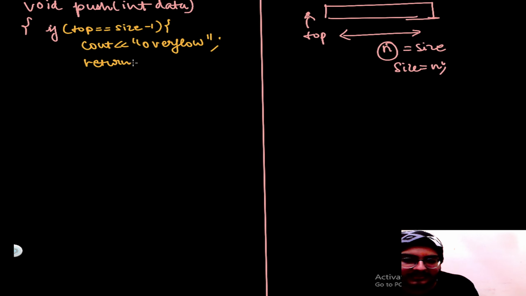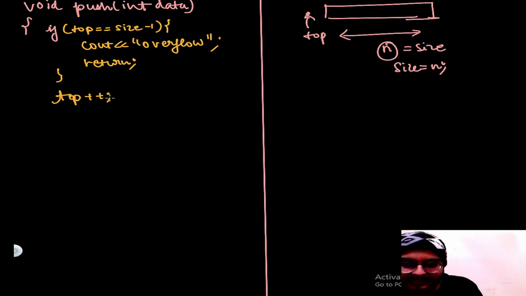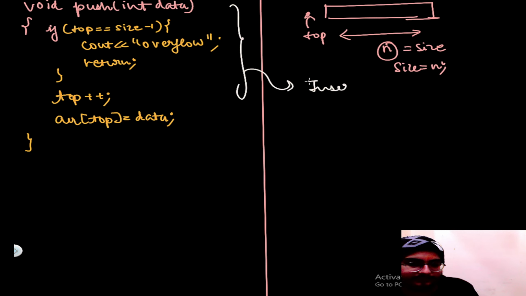A return will just basically come out of the function. If this condition is not met, that is, top is not size minus 1, then increment top by 1 and do array of top is equal to data. So this is the basic function of pushing, inserting an element.